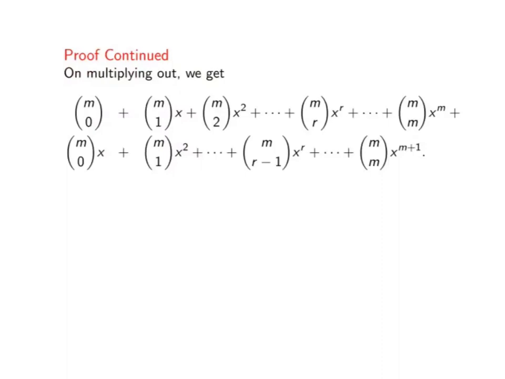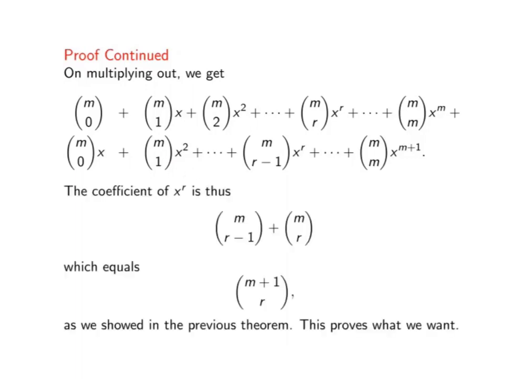After multiplying out the terms, we get this longer expression. And we make use of the previous formula that the sum of m choose r minus 1 and m choose r equals the binomial coefficient m + 1 choose r.